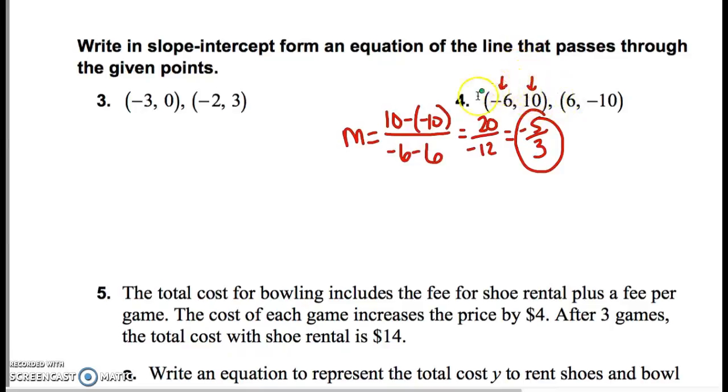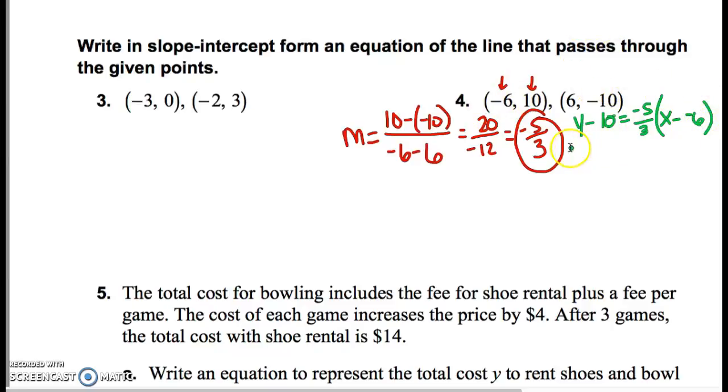Now, let's plug the slope in. I'll just go ahead and use this first point as my point to use. So we have y minus the y coordinate, which is just 10, equals your slope, which is -5/3, times x minus your x coordinate, which is -6.